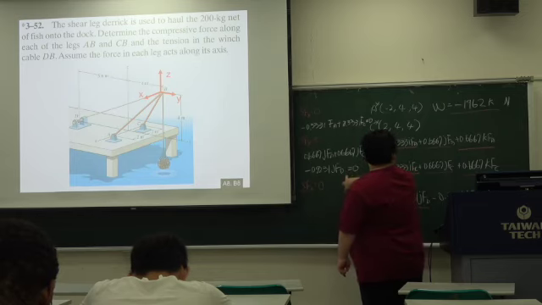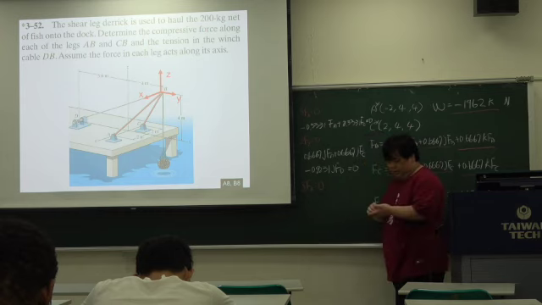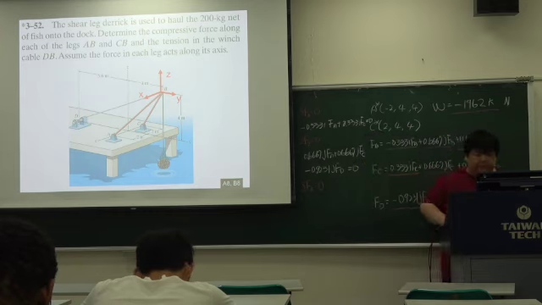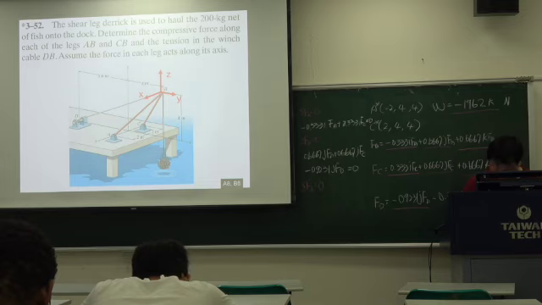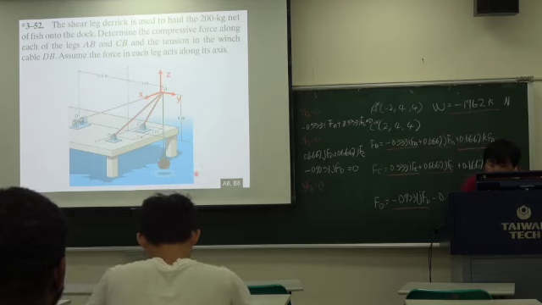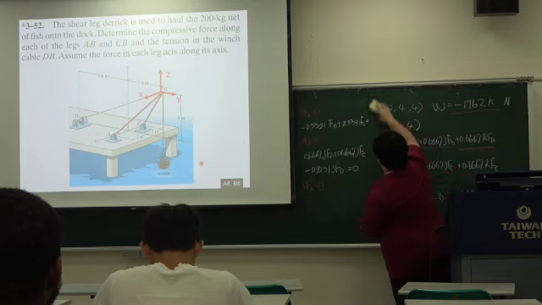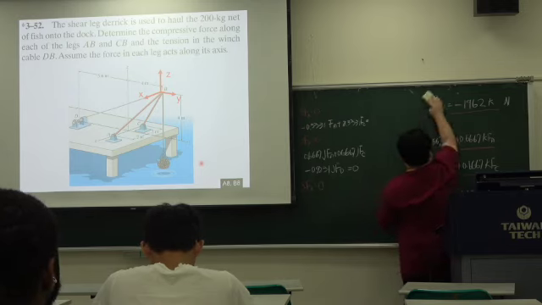Then we can put this relationship into equation 3, and we can get the FD first, then get the FA and FC. Just write down the answer here.